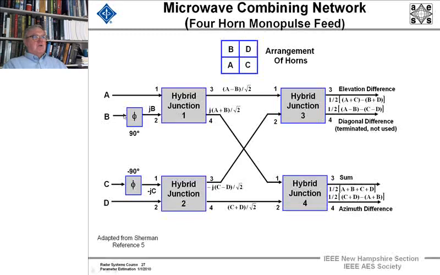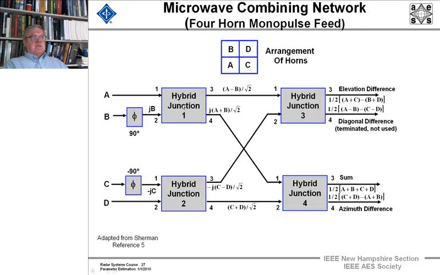Now, the first thing we do is we introduce a phase shift into the B horn of 90 degrees and into the C horn of 90 degrees. And then we go into a device called, and there are three different kinds that are used, a hybrid junction.